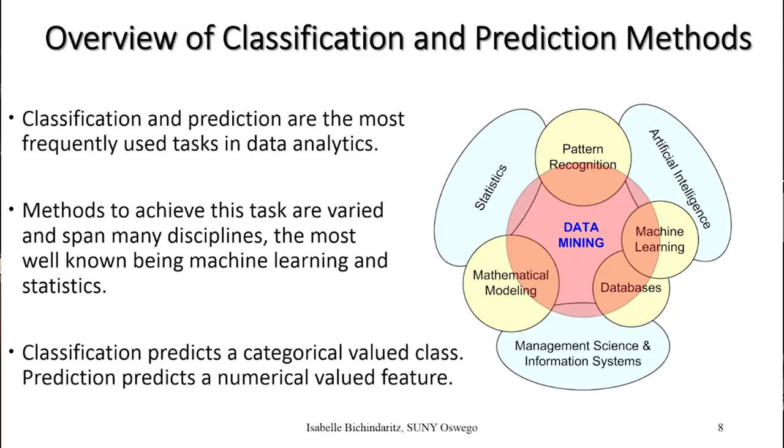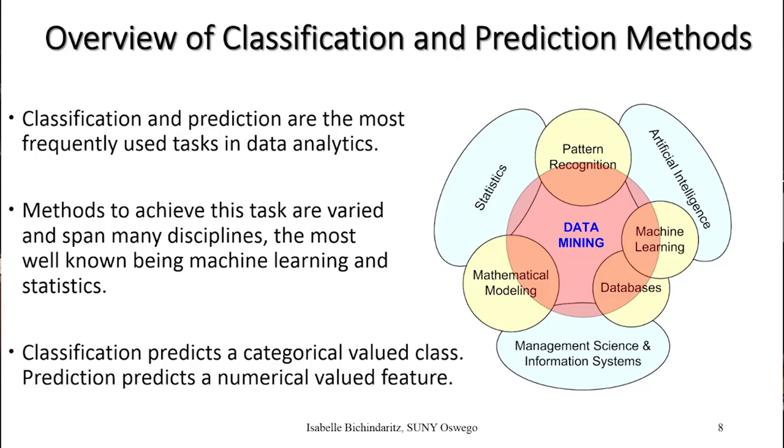And so the methods not only are varied, but they often can be more closely linked to or originate in a particular domain. So for example, you have some methods more from pattern recognition when you want to understand, for example, images and videos. It's more pattern recognition we do there. There is also machine learning coming from artificial intelligence. For example, when you look at decision trees, these are methods that originated in machine learning, artificial intelligence, and neural networks as well.